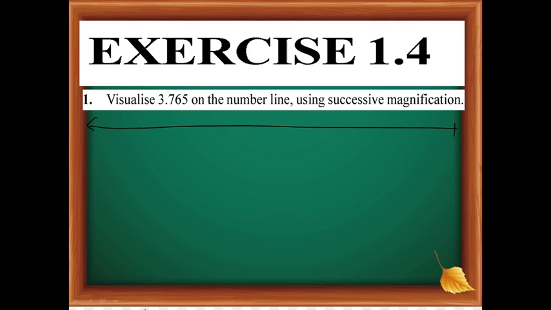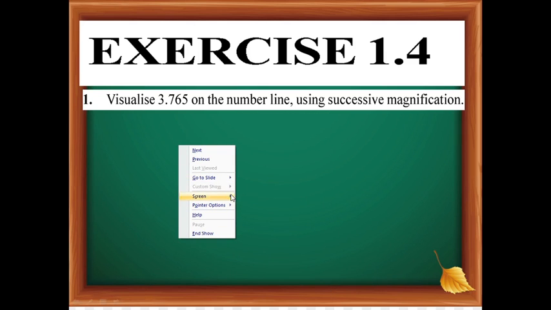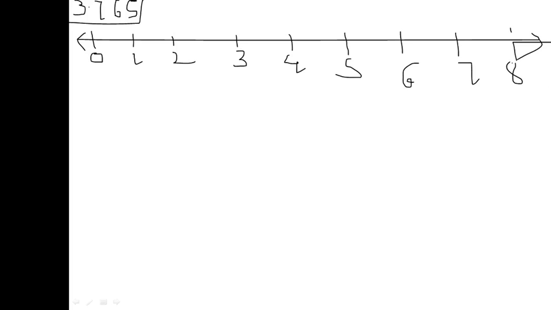What we should represent, let me take a new page. Remember this question: representing 3.765 on the number line. What we should do first? 0, 1, 2, 3, 4, 5, 6, 7, 8. You can take up to 10 also.